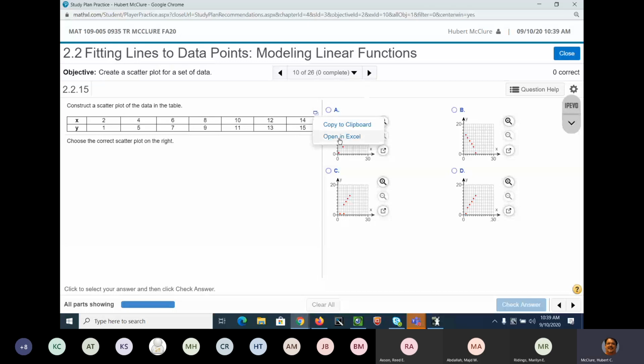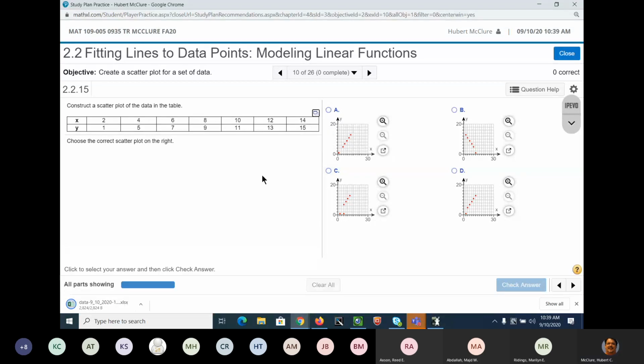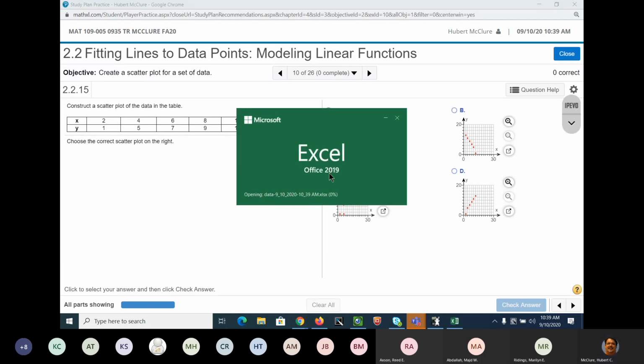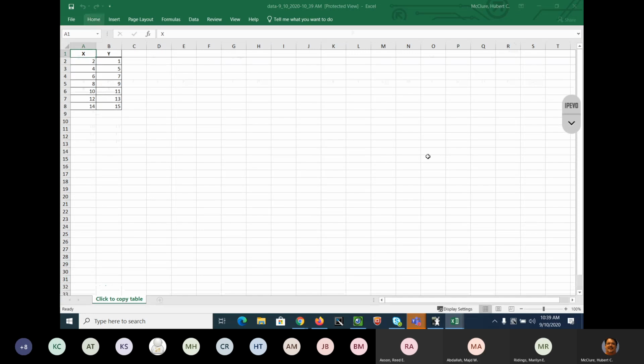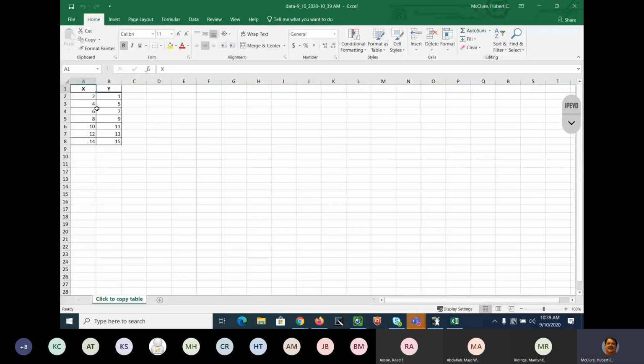So let's do it with the Excel spreadsheet now. Open in Excel. And there's our points. Highlight the points. Go to Insert.